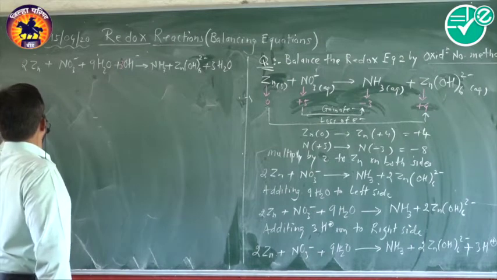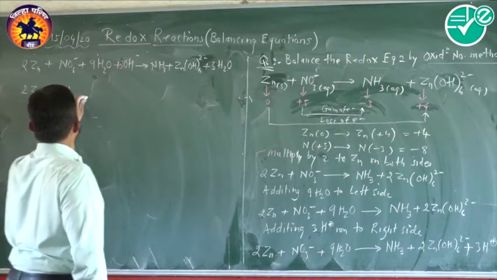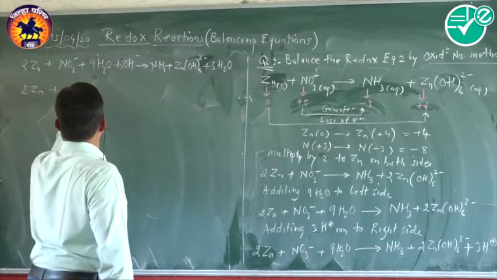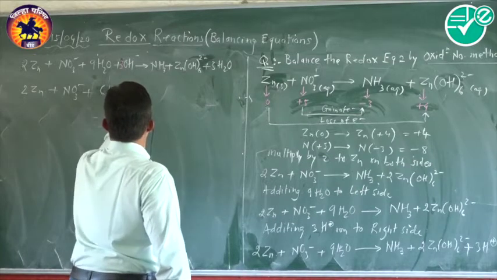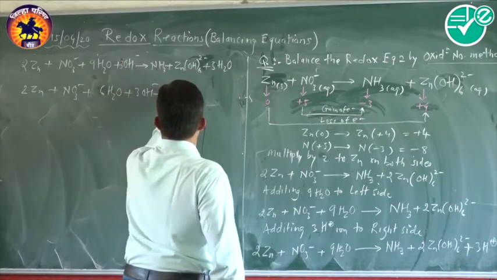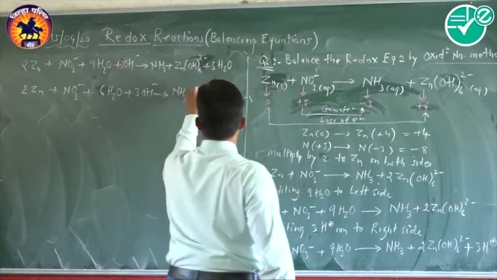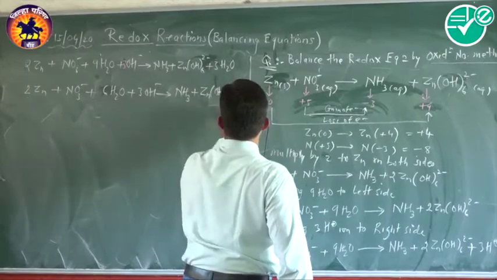The final balanced equation is 2 times Zn plus NO3 minus plus 6H2O plus 3OH minus is equal to NH3 plus Zn(OH)6 2 minus.